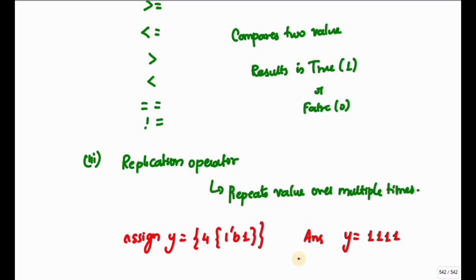So 4 of 1'b1 means you have to repeat the 1 four times. The answer is y equals four ones.